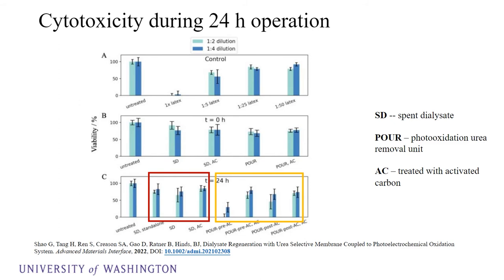Similarly, the latter two samples were treated either with inline activated carbon or further treated with activated carbon during sample treatment. As you can see in the latter three samples, even with a little bit of activated carbon treatment, the cytotoxicity was mostly removed. And we have this forward osmosis membrane that acts as a barrier for any toxic byproduct.